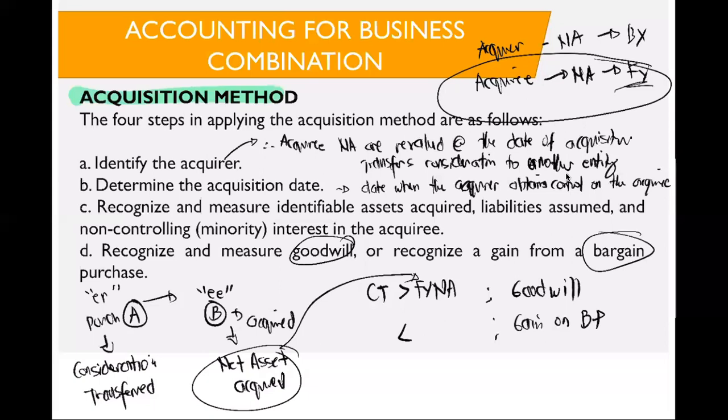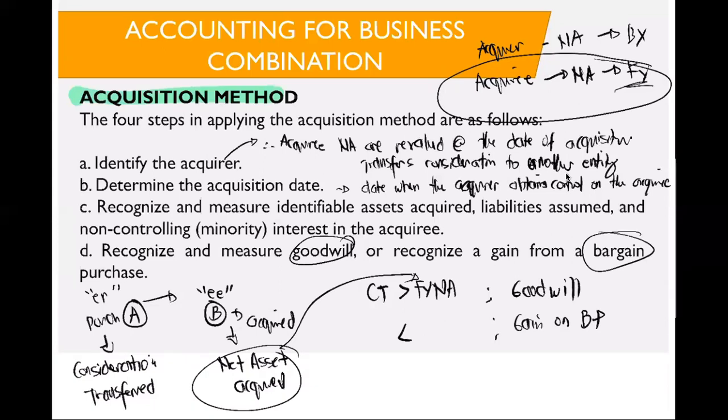Okay? So again, acquisition method, we identify the acquirer, the one who controls the acquiree. We determine the acquisition date, the date wherein we had control. And letter C, we try to recognize and measure both net assets acquired and non-controlling interest.